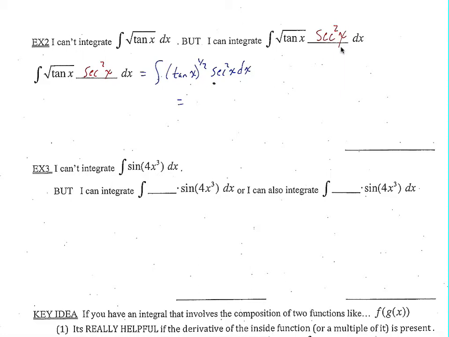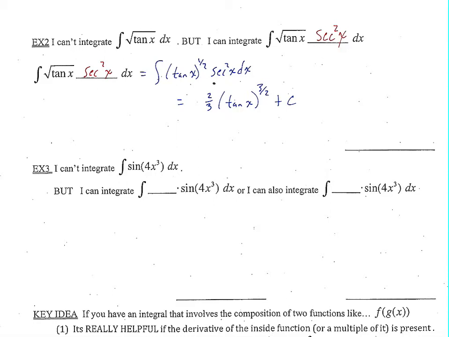The antiderivative is going to be in the form of tangent of x to the 3/2 power. And in order to balance the coefficient, we're going to multiply this by 2/3. Throw a c on the end, and we're done.